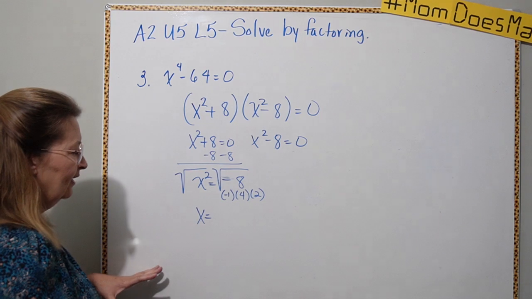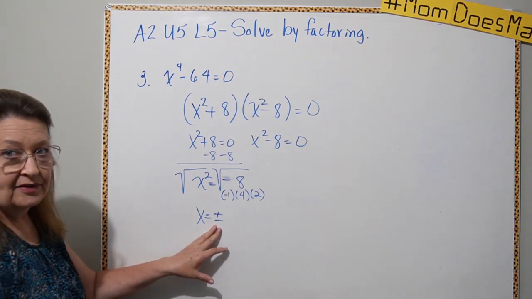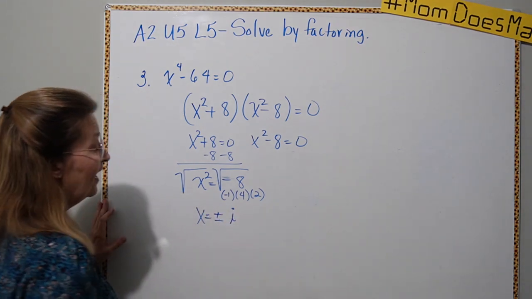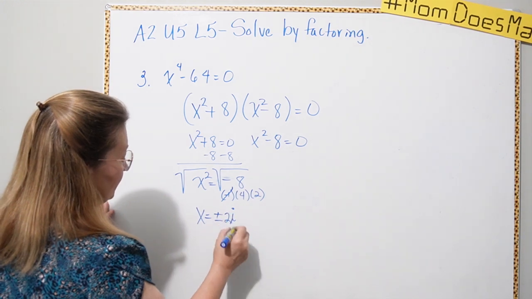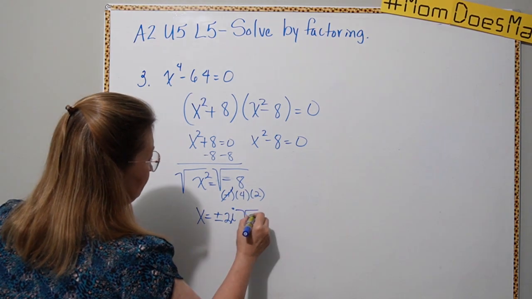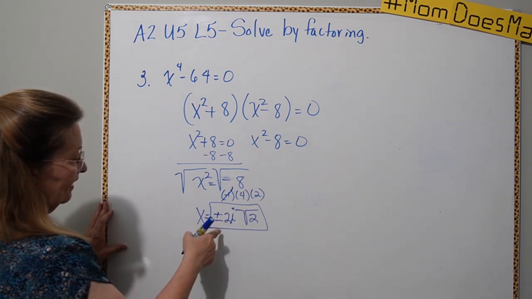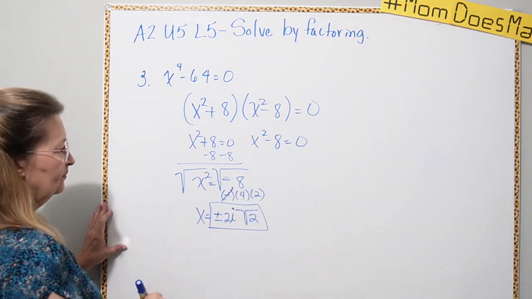That's how you'd break it down. Now when you take the square root, you're going to need your plus or minus. The square root of -1 is i, so that takes care of that. The square root of 4 is 2. Now the other 2 will have to stay under the radical sign, so the answer to this half is plus or minus 2i times the square root of 2.